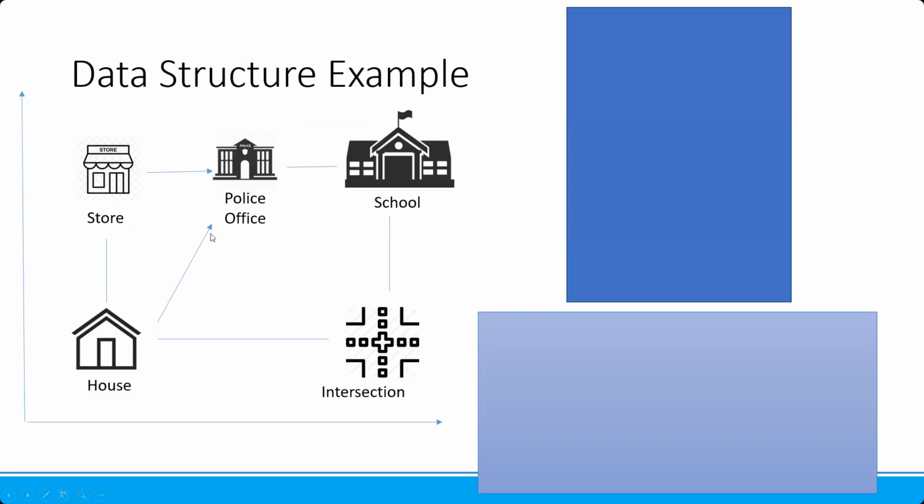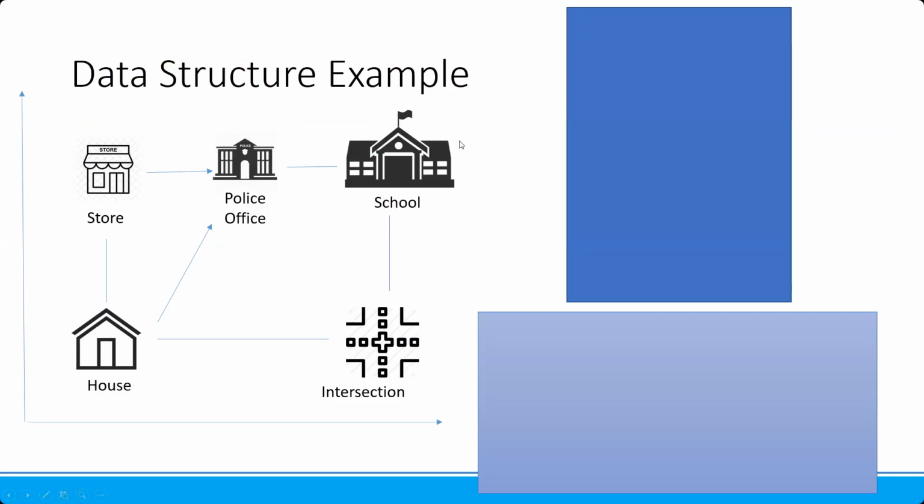But because we have an arrow, it is one direction. It means I can go from house to police office, but I cannot go back from police office to house. So if I want to go back from police office to house, I need to go around school and then go to intersection and then go back.